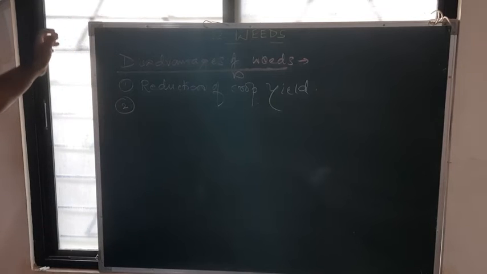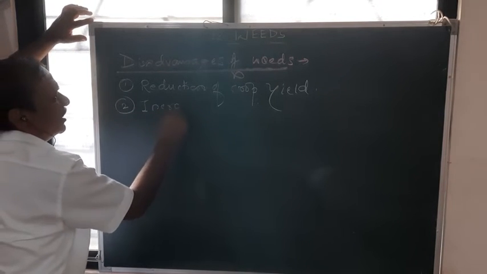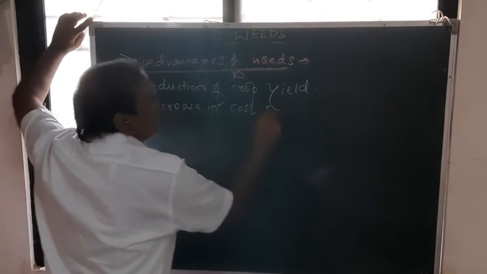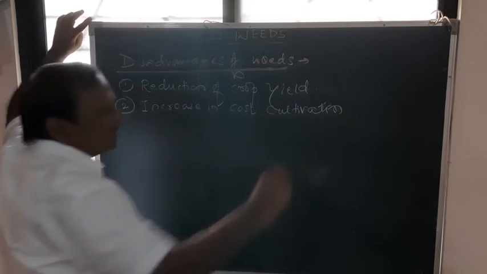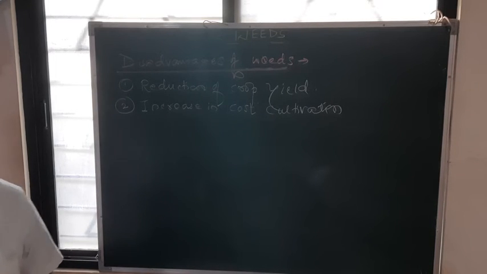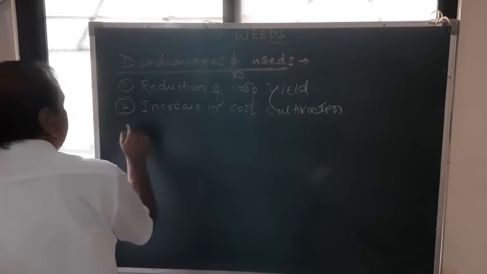Then second is increase in the cost of cultivation. This is also the second disadvantage or loss. Then the quality of field produce is reduced.